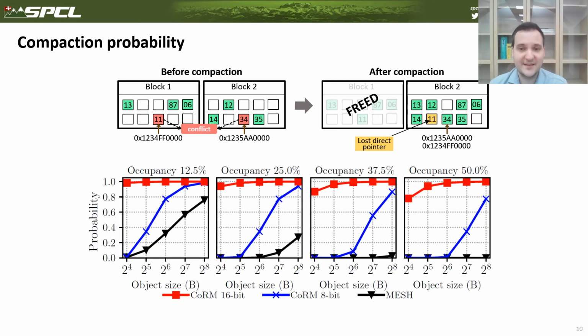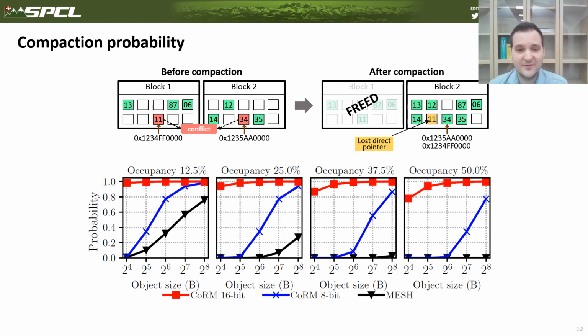We performed theoretical analysis and we found out that conflict in object IDs is much less probable than conflict in the offsets. So on the plot, you can see the probability of compacting two blocks given their occupancy. And as you can see, in all cases, blocks in CoRM were more likely to be compactable compared to Mesh.